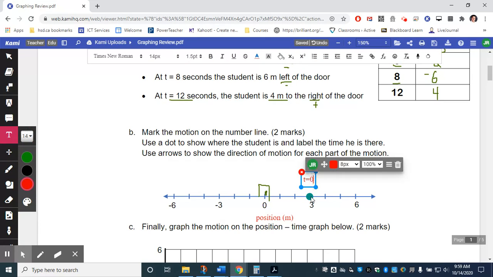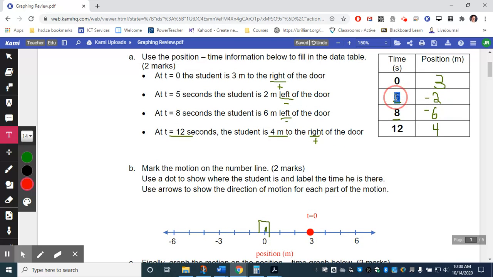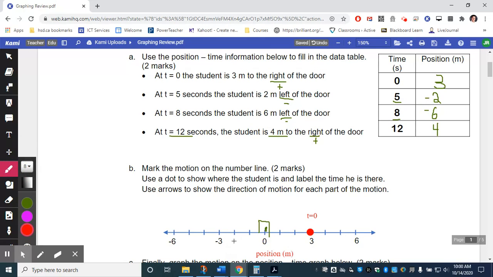So t equals 0. We have to mark both of these: the position at 3 meters and the time for each point. The next point is at 5 seconds, where we're at position minus 2. That's right here, and we also have to mark the time. Remember, this is the position down at the bottom, and this is the time.